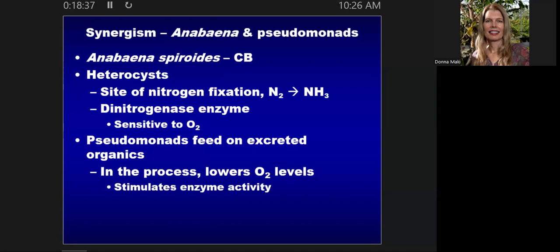And in the process, it's lowering oxygen around the heterocyst and allowing for that enzyme to work optimally. And again, Pseudomonas would benefit from the enzyme working correctly because Pseudomonas can use ammonia too. And so it's definitely a win for the Pseudomonas if they hang out in that area, and it's a win for the Anabaena because they can keep the nitrogen fixation going.